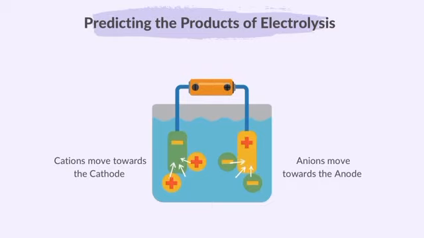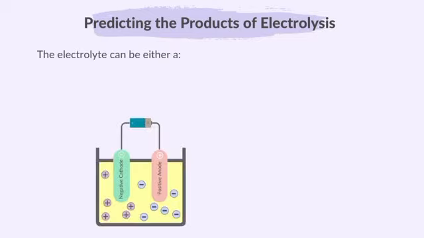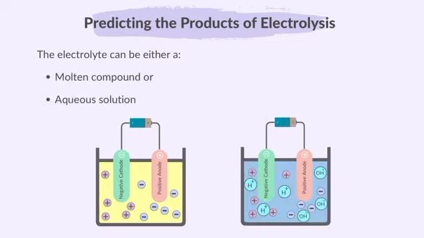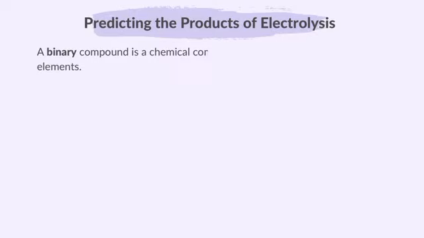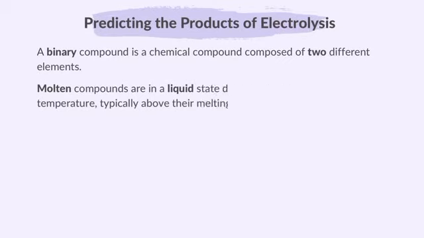The electrolyte can be either a molten compound or an aqueous solution. A binary compound is a chemical compound composed of two different elements, and molten compounds are in a liquid state due to being heated to high temperature, typically above their melting points.